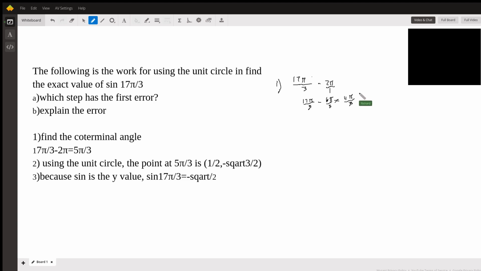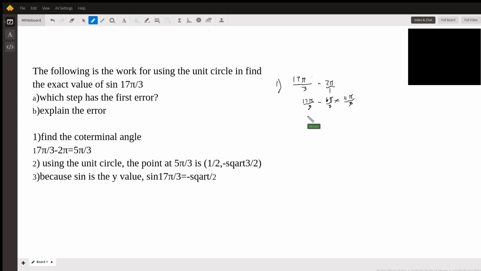There's nothing wrong with that, except that 11 pi over 3 is not on the unit circle. So we're going to take off another 2 pi.